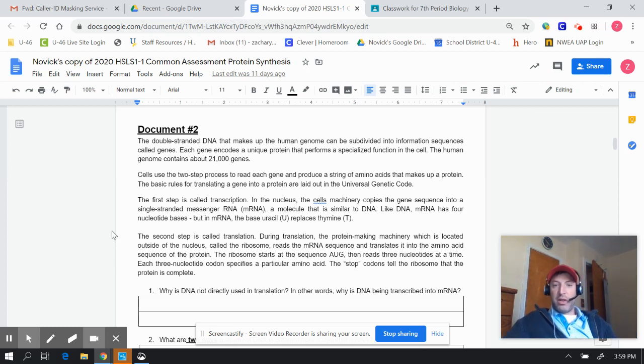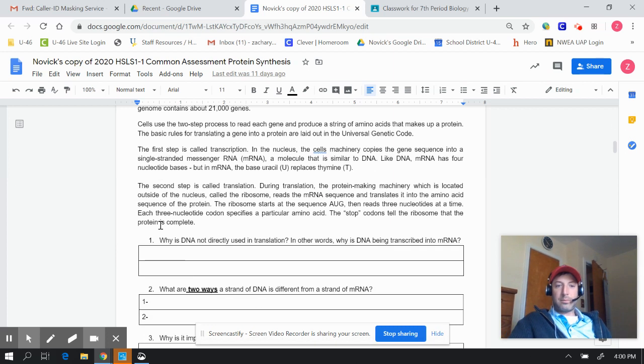During translation, the protein-making machinery, which is located outside of the nucleus and called the ribosome, reads the mRNA sequence and translates it into the amino acid sequence of the protein. The ribosome starts at the sequence AUG, then reads three nucleotides at a time. Each three-nucleotide codon specifies a particular amino acid. The stop codons tell the ribosome that the protein is complete.